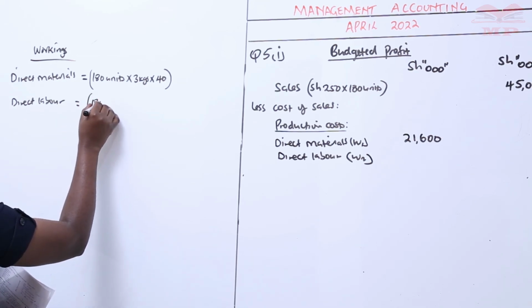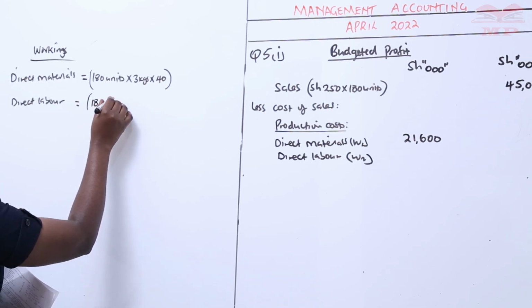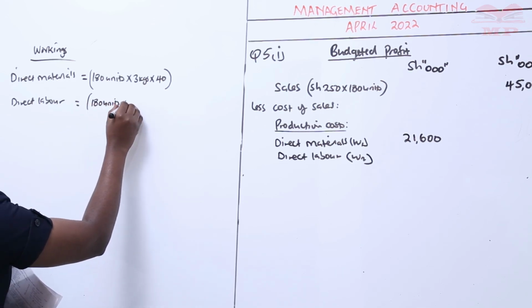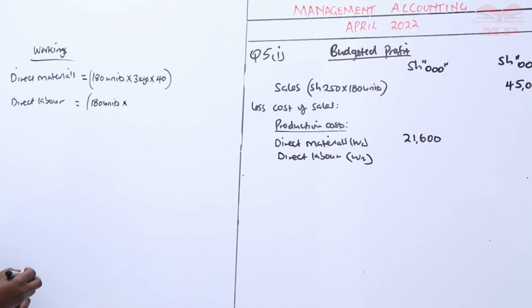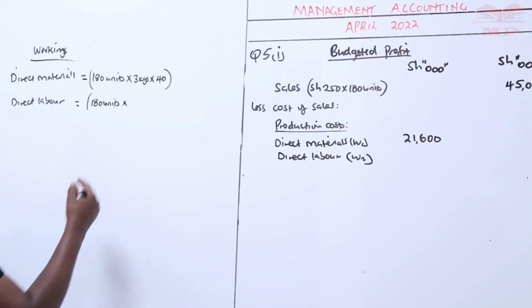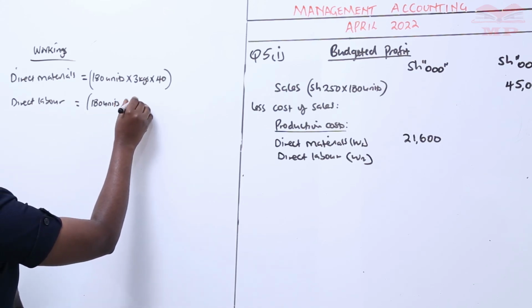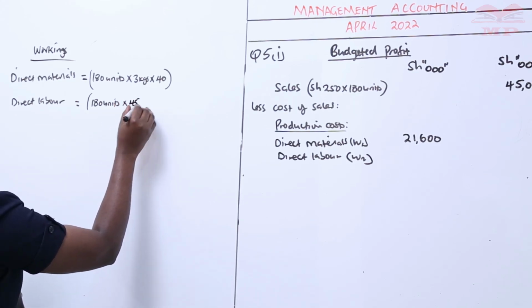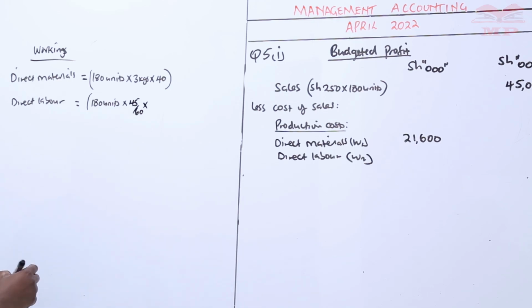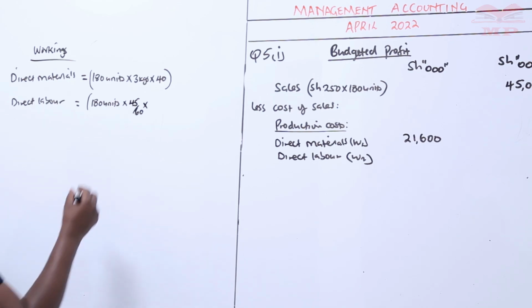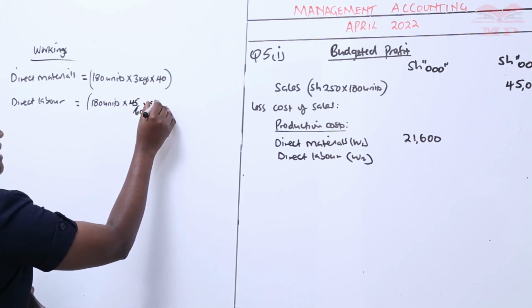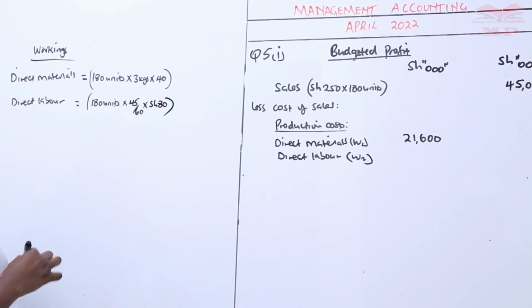Again, 180,000 units were produced, multiplied by 45 minutes used to produce 1 unit. We take 45 minutes over 60 to convert the minutes to hours, then multiply by the rate per hour, which is 80 shillings.